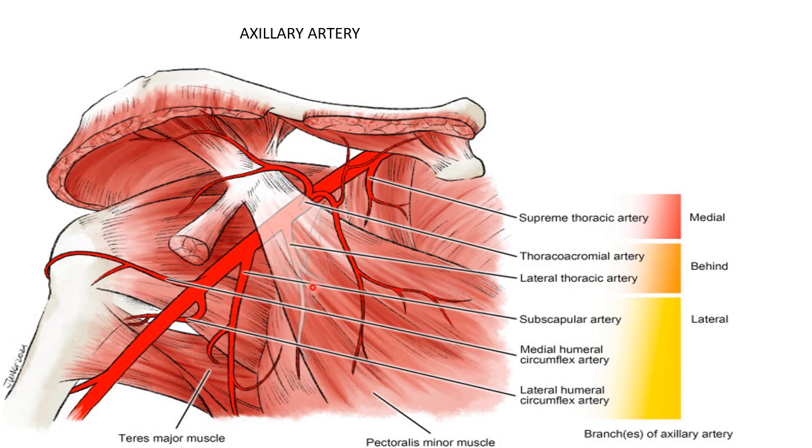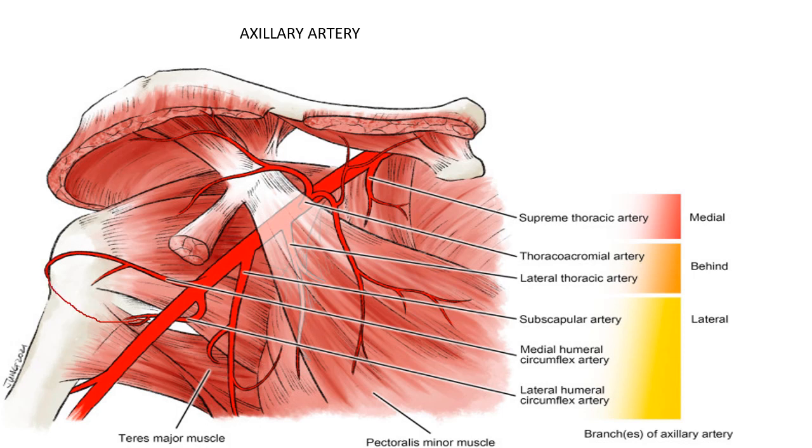Then the third part of the axillary artery gives off three branches, which are the subscapular artery, which is this part, and the anterior humeral circumflex artery and the posterior humeral circumflex artery, which anastomose at the surgical neck of the humerus right there. So it moves something like this, like that.